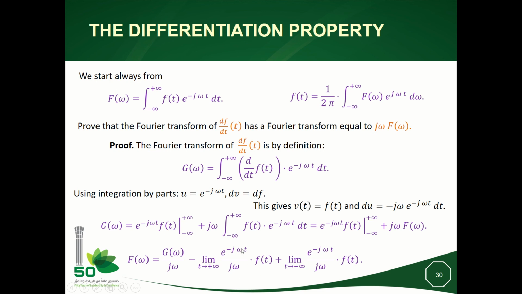So in the general case, these limits are not equal to 0. So we may have situations where these limits are not equal to 0. One example, as I said before, is the step function.